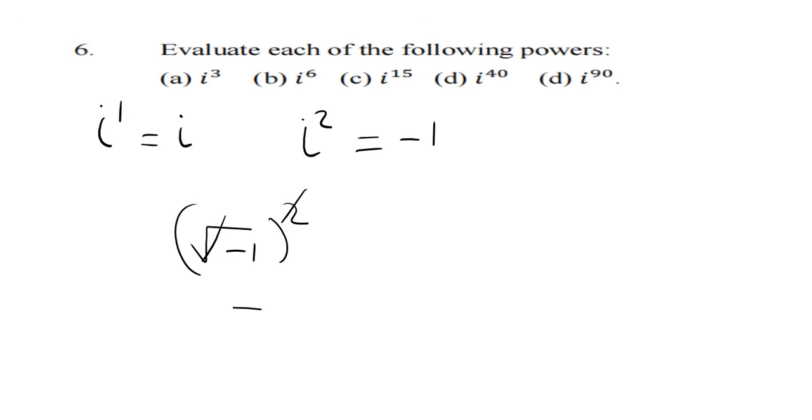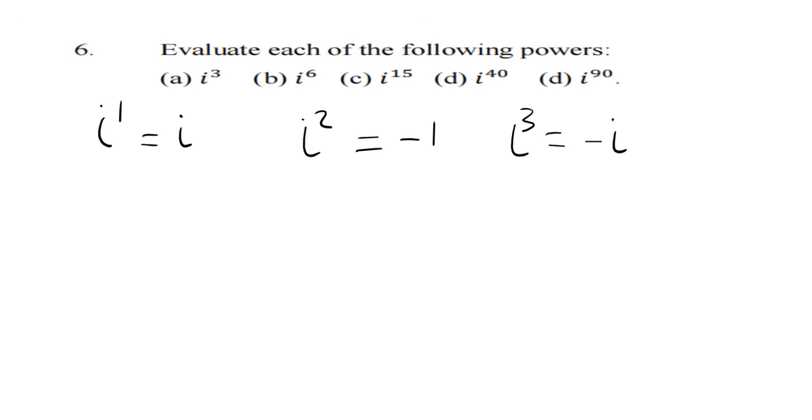What if we put another number? Let's say now it's I to the power 3. What are we going to have? So I to the power 3 is just going to give us -I. Why? Because this is I multiplied by I multiplied by I. Now we've said I multiplied by I is I squared.